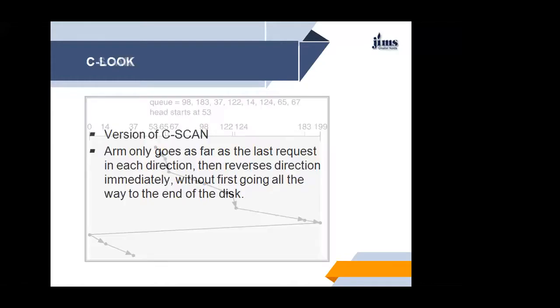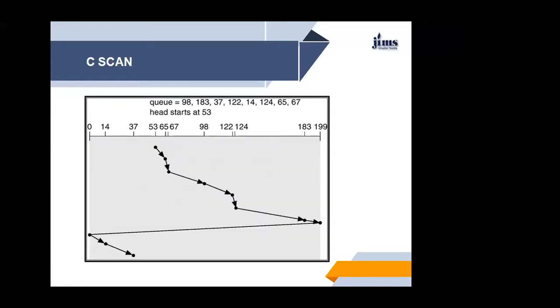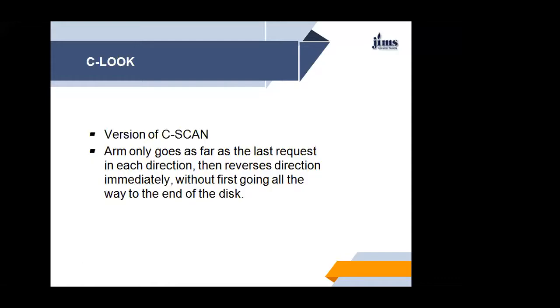Okay, however, there is one more scheduling, that is LOOK. Before C-LOOK, we will also discuss LOOK. As we have described, both scan and C-SCAN move the disk arm across the full width of the disk. In practice, neither algorithm is implemented this way.